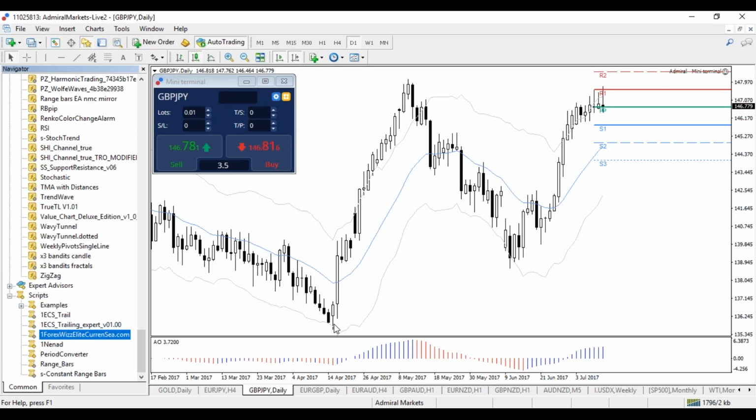So not just drag it anywhere, but you really want to drag it to a specific spot, the bottom or top, close to the 144 EMA, and click buy or sell, buy for upside, sell for downside, and you'll get those lines on the chart automatically.